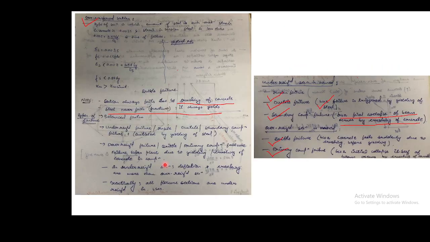What was the formula for the normal one? Anybody? By considering 0.0035, what will be the formula for C? C is equal to K into FCK BD. What was that?